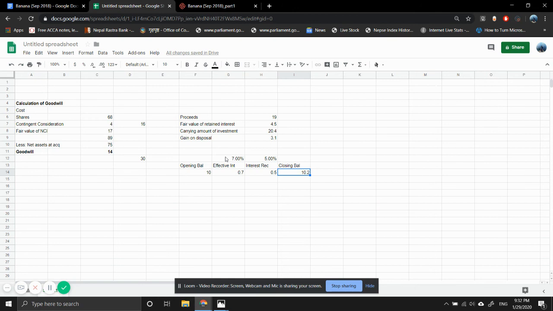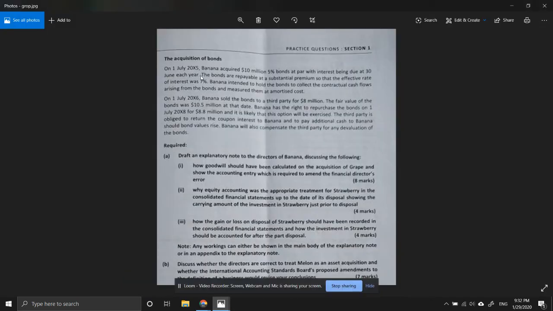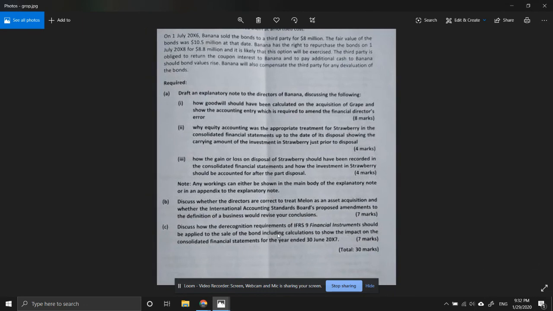So what about next year? What does it say about calculations? Applied to sell upon including calculations to show the impact on consolidated statements for the year ended 30th June 20x7. So just for 1 year, right?